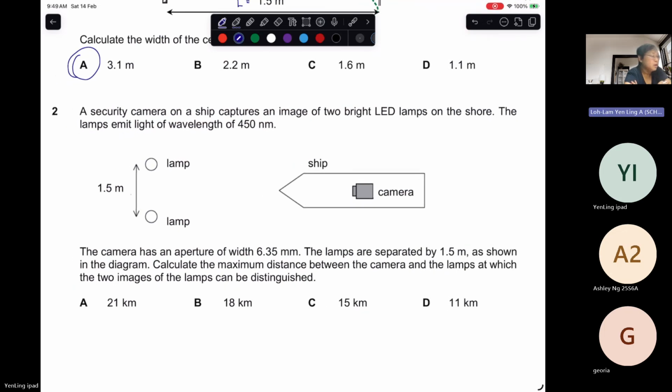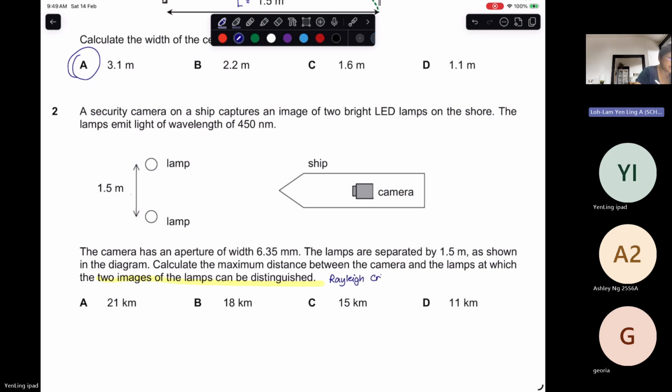Next question. You have a security camera that captures 2 LED lights and so on and so forth. When you read the whole question, you realize that you're trying to distinguish the two images of the lamp in the camera. So this is a Rayleigh criterion question.